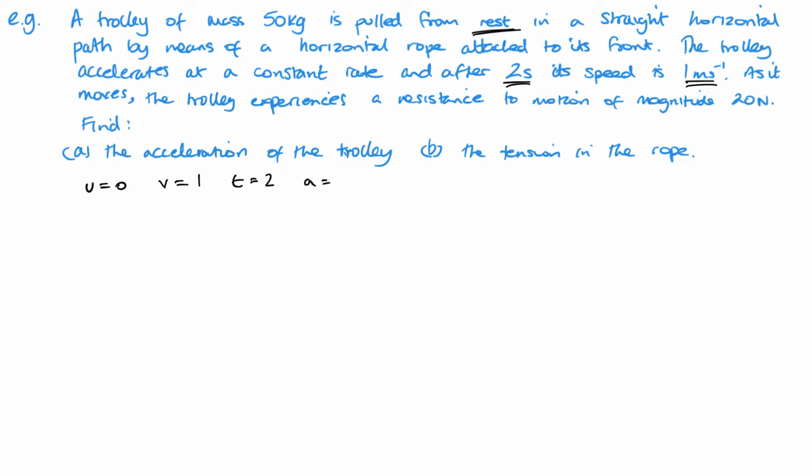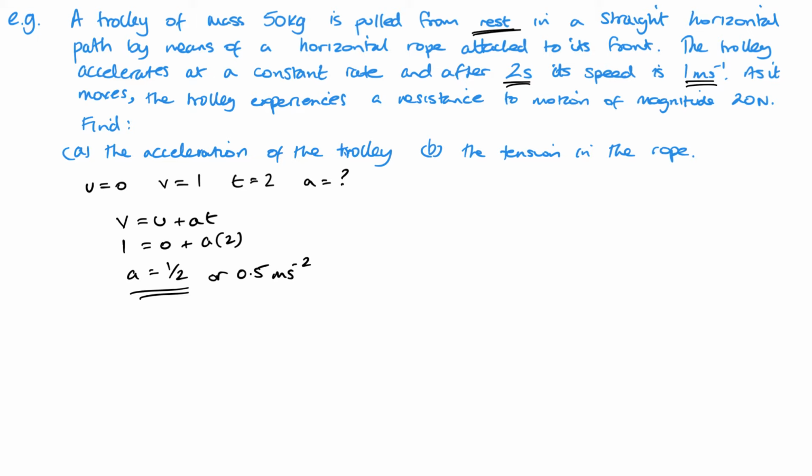We want to find a, which is the acceleration. So from our Suvat equations, v equals u plus at will be the one I want. So we've got 1 equals u plus a times 2. So a is going to be a half, or 0.5 if you want it in decimals, meters per second squared.